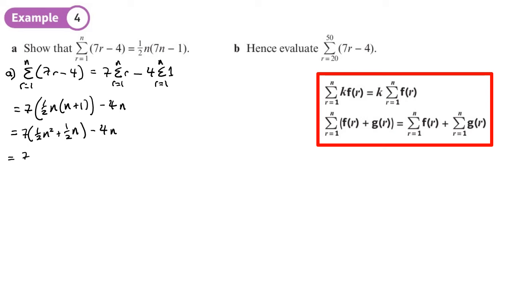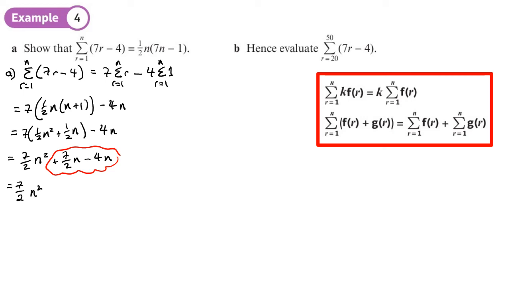So we'll get 7 over 2 n squared plus 7 over 2 n minus 4n. Now that 4n, let's have a look. Well, these two are going to go together, aren't they? Yeah. So that will give us 7 over 2 n squared.